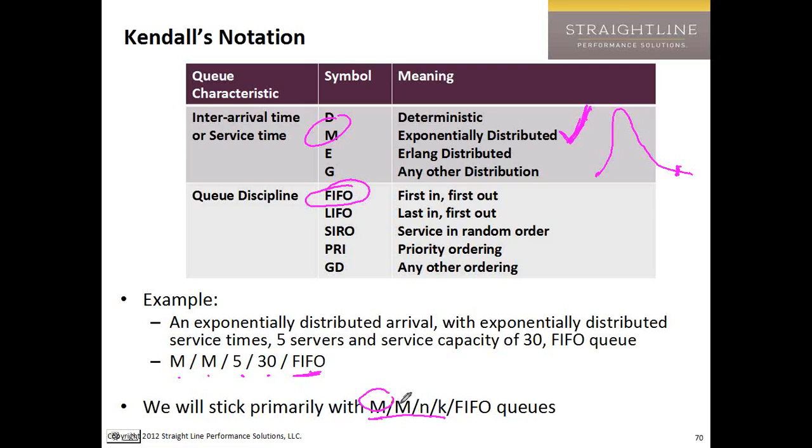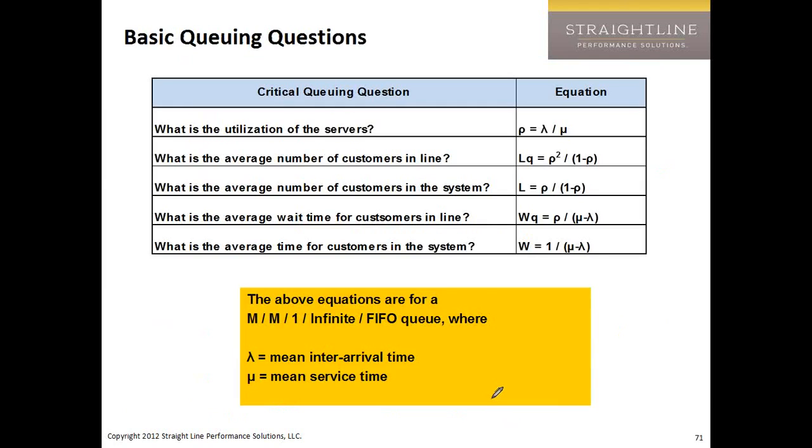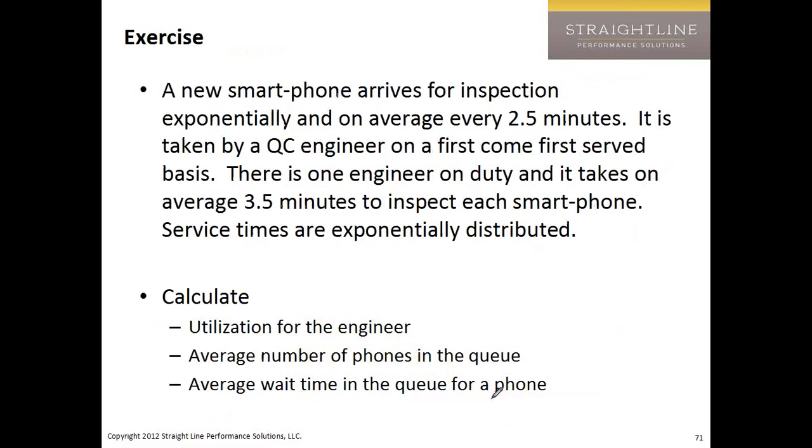So we're going to assume exponential arrival pattern, exponential service pattern, and then we'll put in the number of servers and the size of the queue, and we're going to assume that it's first in, first out. By doing that, you can get a lot of things done. It's a pretty general one, and you can solve a lot of problems.